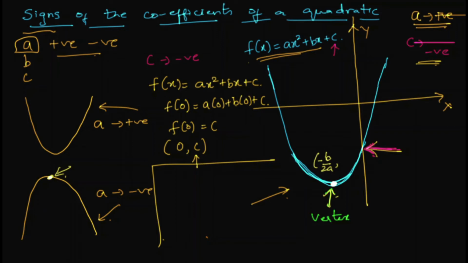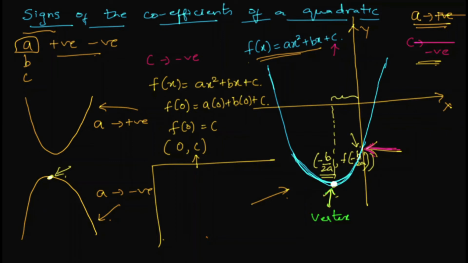And then the y coordinate, of course, is the function value. So we are not that worried about the y coordinate. Let's focus on the x coordinate. Look at this parabola. The x coordinate of the vertex is on the negative side, isn't it?